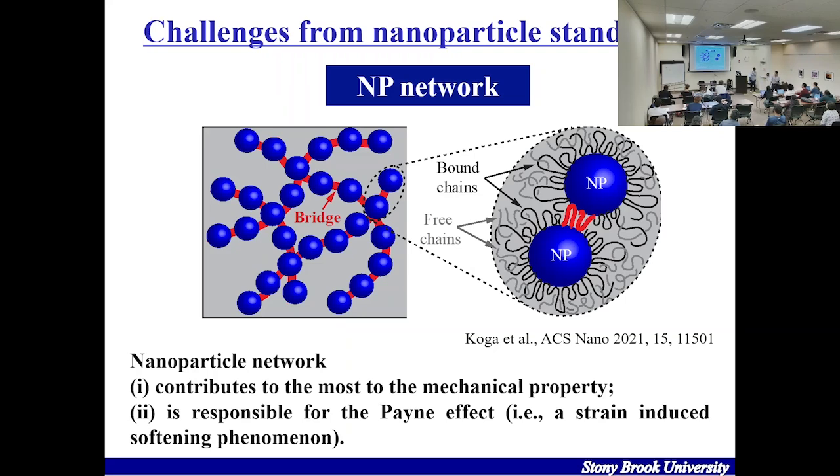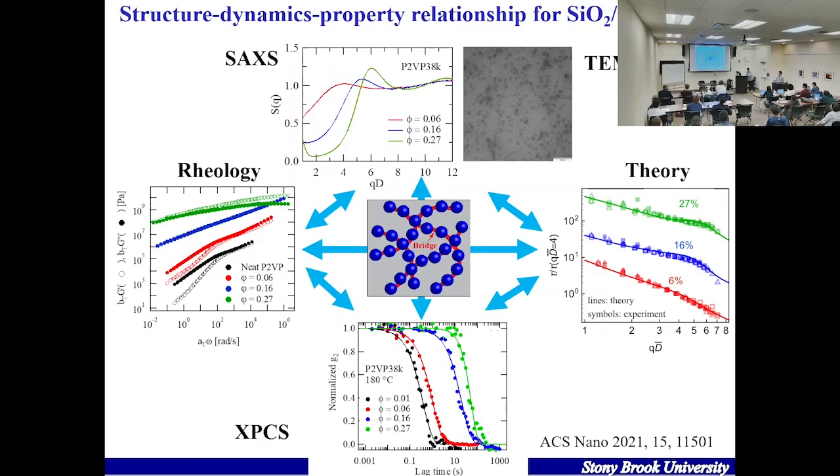We are now using X-ray to see the dynamics of the filler, not the polymer, because X-ray is sensitive to the filler. I have to behave because this is a neutron facility, so I don't talk too much about X-ray, but if you are interested, please read the paper, where we describe the structure, the dynamics, and then the property.